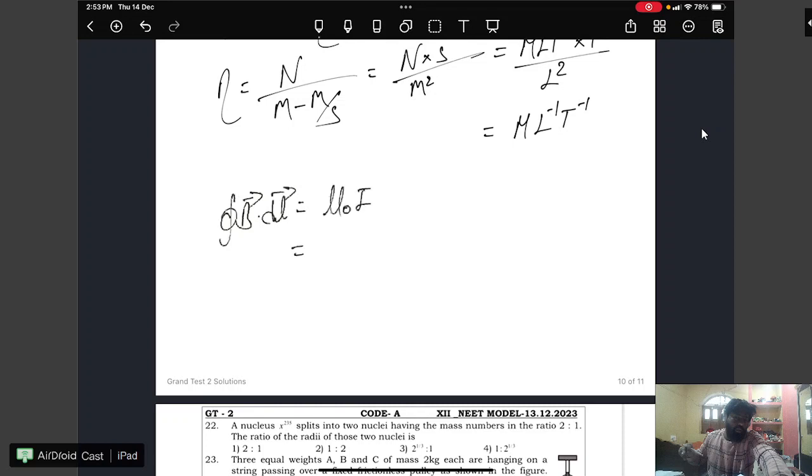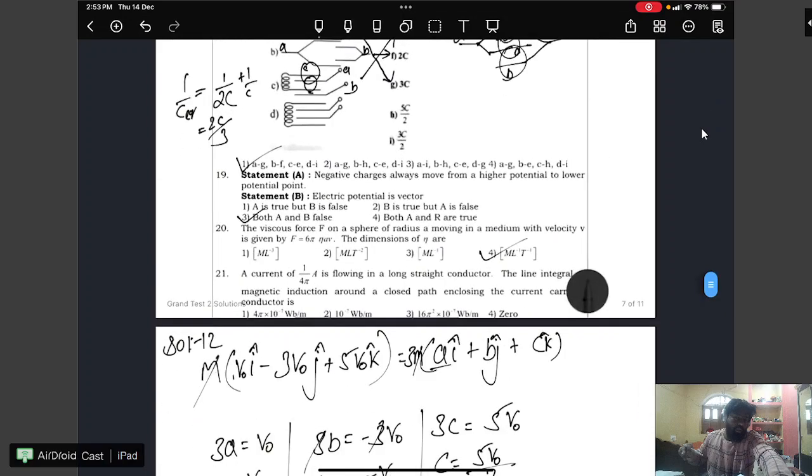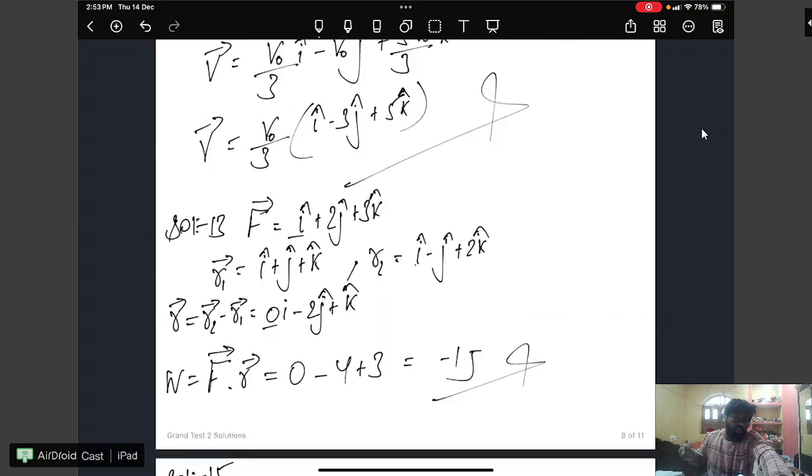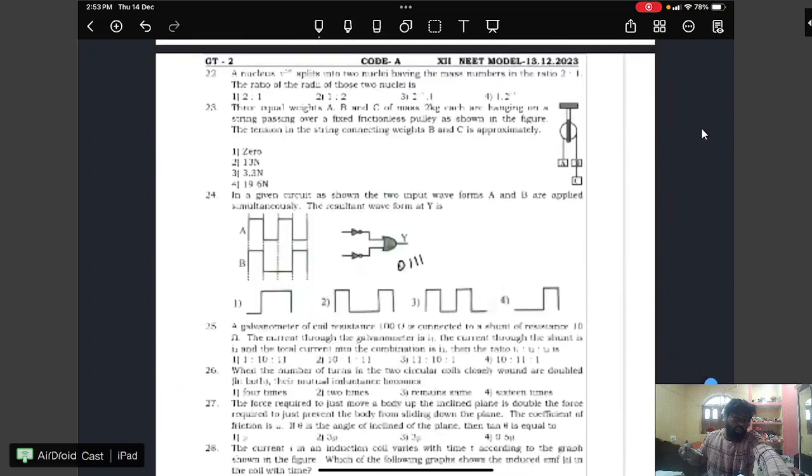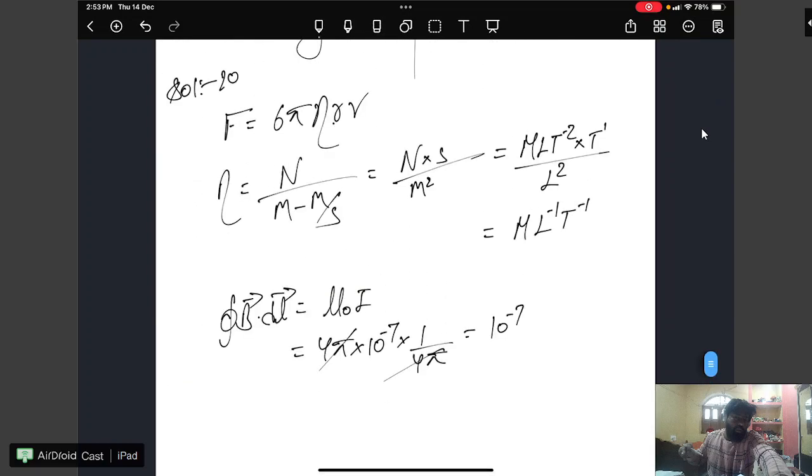Current is 1 by 4 pi and mu naught is 4 pi into 10 to the power minus 7, so 10 to the power minus 7 Weber per meter. That will be the answer for question number 21.